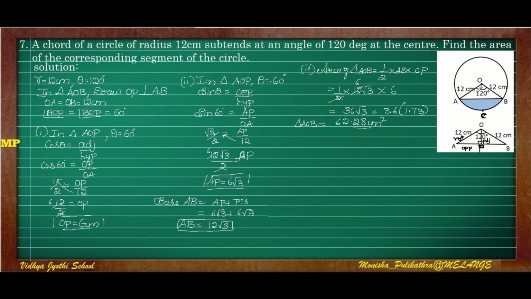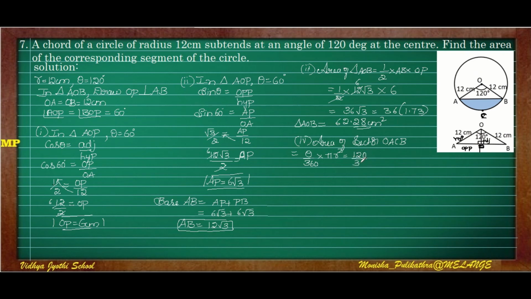So this is area of triangle AOB, which we have obtained already, but we need the area of sector. So next we have to find out area of sector OACB, which is given by the sector formula theta by 360 into pi r square. Here the entire sector we are taking, so theta will become 120.